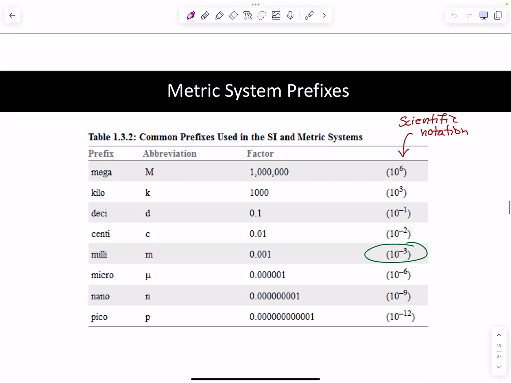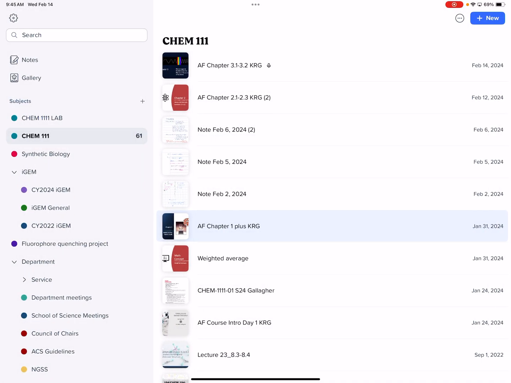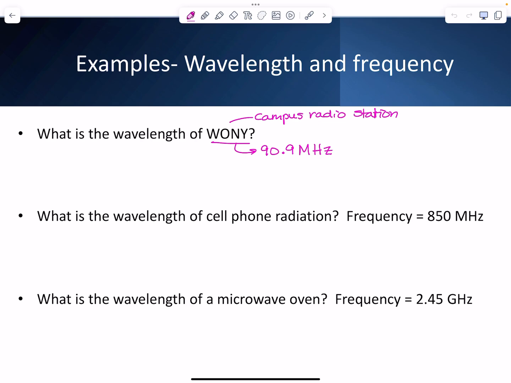Mega is 1 times 10 to the 6th. So that's going to be the frequency that we're working with. So 90.9 times 10 to the 6th hertz.